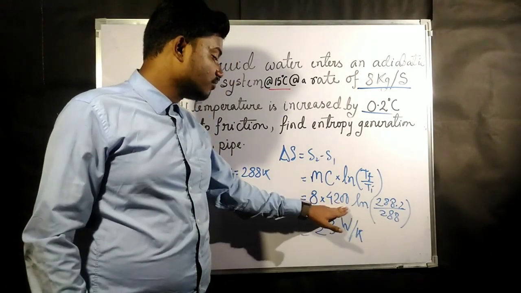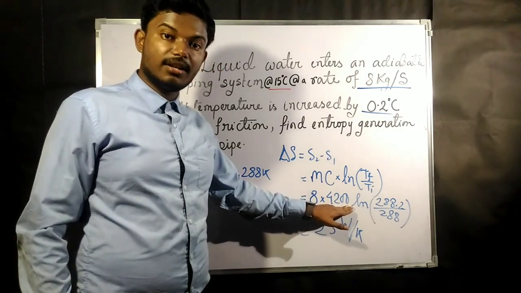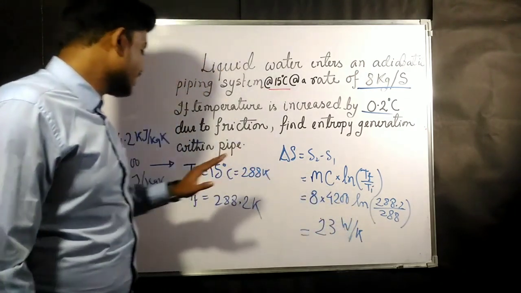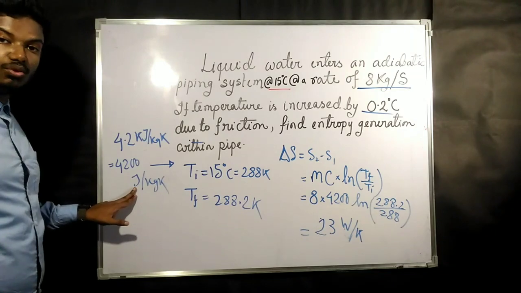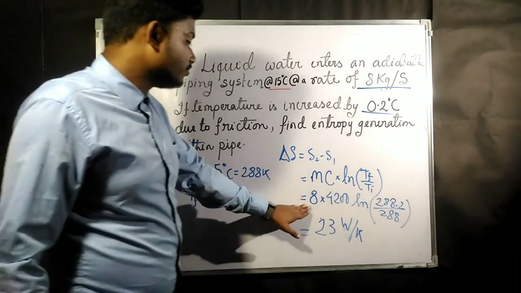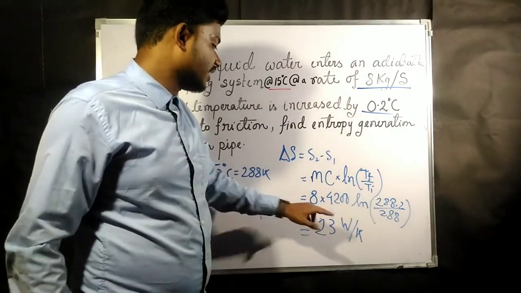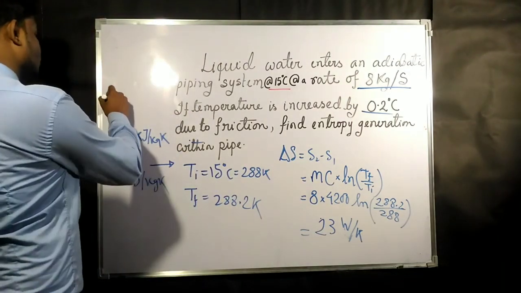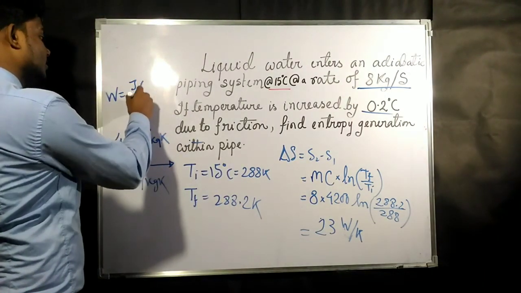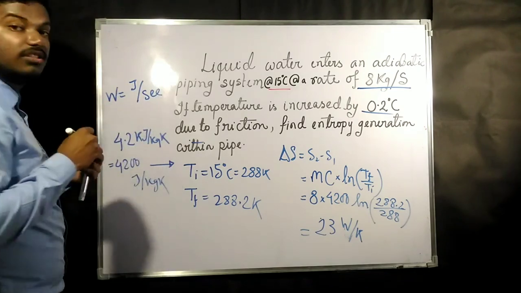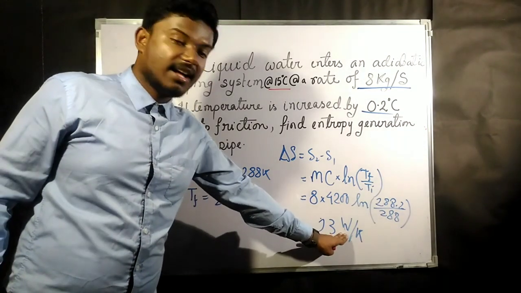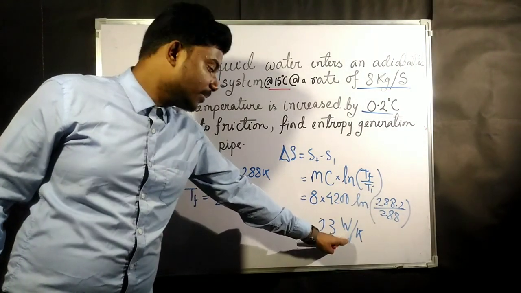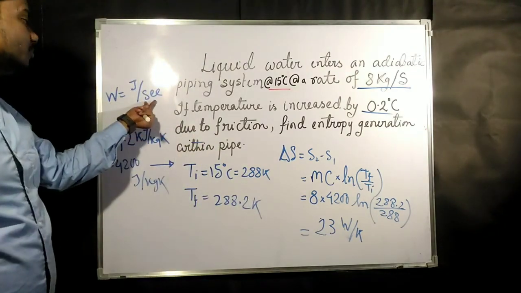That's why I have written 4200, because it has a unit of joule, and in place of mass there is kg per second, and watt is formed by joule per second. Since I have to find the answer with the unit of watt per Kelvin, I have taken joule per second.